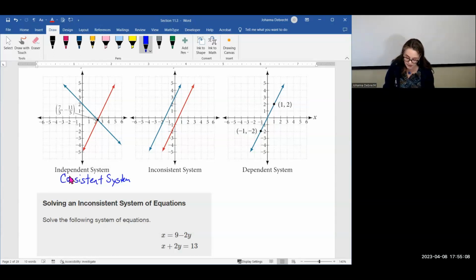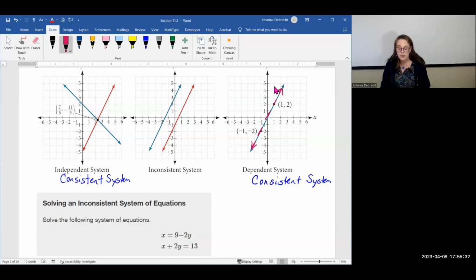A dependent system is when they turn out to be the same line. This is also a consistent system because there are, in fact, infinitely many solutions. It's not really showing up very well, so I'm going to highlight it here. What you have in this situation is two lines sitting one on top of the other.